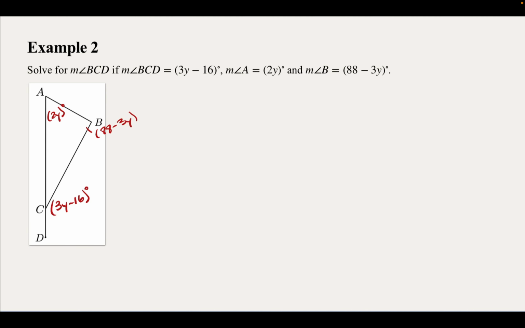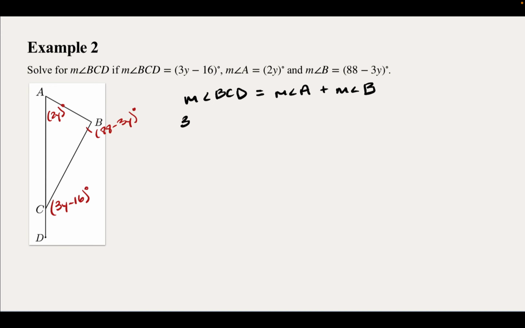BCD is an exterior angle, and angle A and angle B are the remote interior angles, or the non-adjacent interior angles. My theorem says that the exterior angle has to be equal to the sum of the remote interior angles. The measure of angle BCD has to equal the measure of angle A plus the measure of angle B.